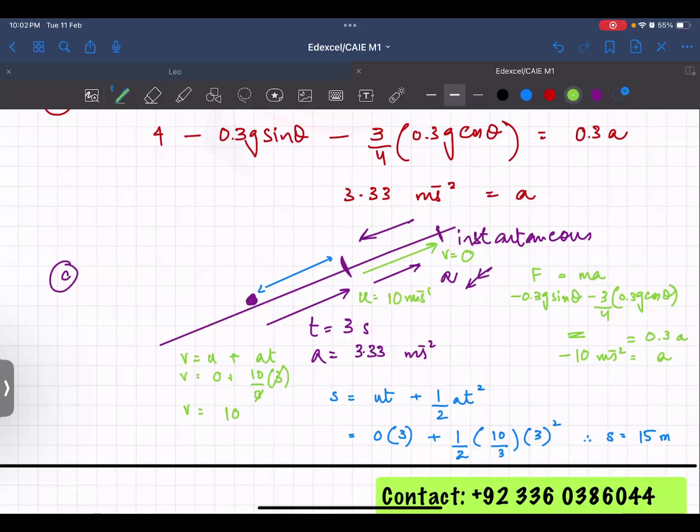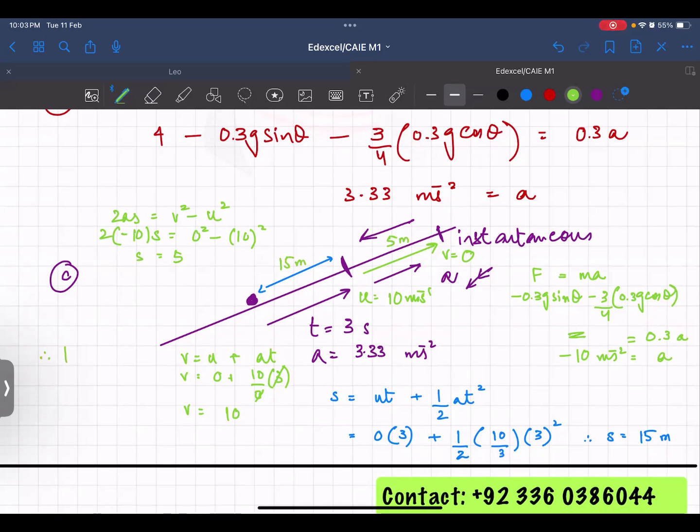So 2as is equal to v square minus u square. S comes out as 100 divided by 20, which is 5. So for this part, 5 meters. For this part, 15 meters. So total of 20 meters. This is the final answer.